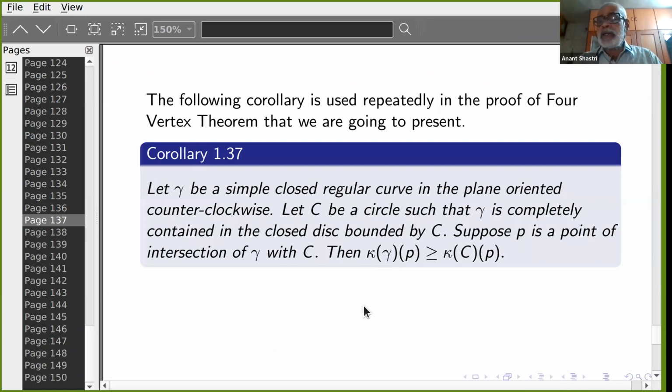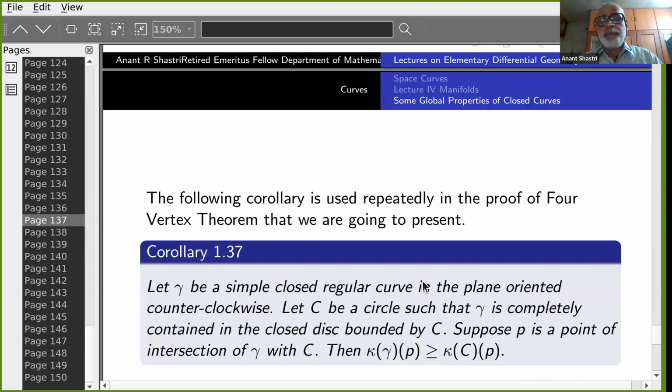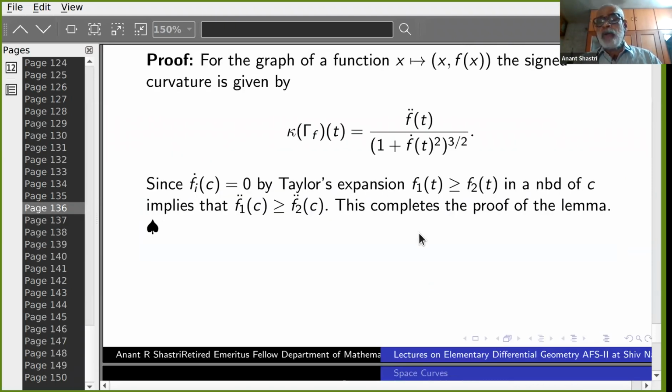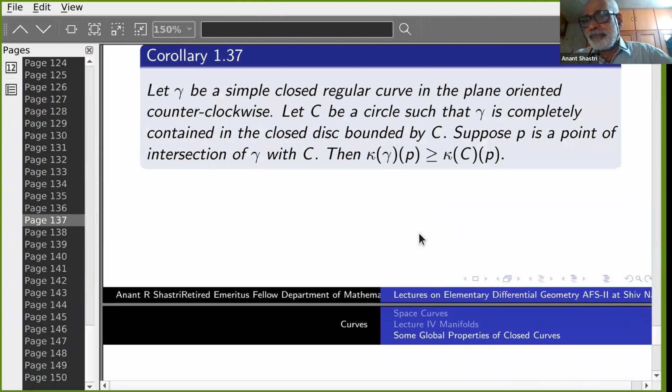So how do you go about that? All that you have to use is this lemma, modulo our observation that every manifold is a graph of a function, right? You look at the tangent to the circle. Turn the entire figure around so that this tangent becomes horizontal.